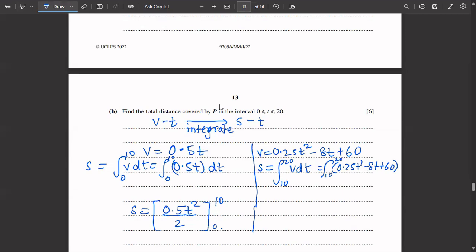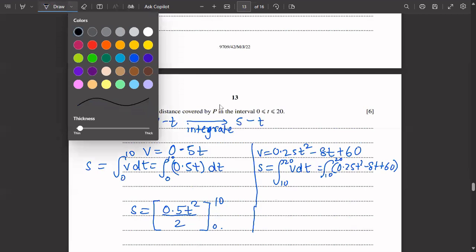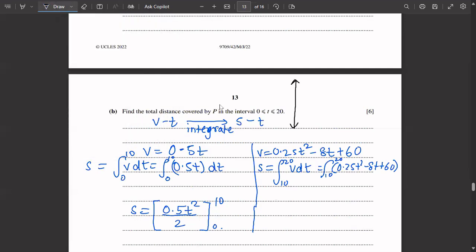Now first, before going forward, let us make the diagram for the velocity time graph. How will the diagram for the velocity time graph look? For the first 10 seconds, the velocity is 0.5t. At t equals 0, the velocity will be 0.5 into 0, which is 0 meter per second.